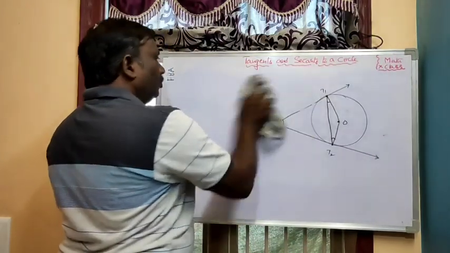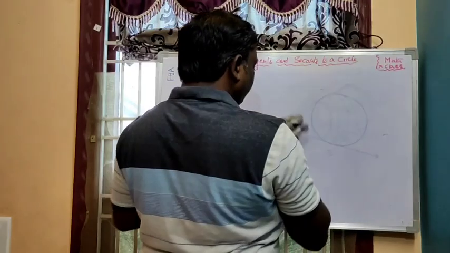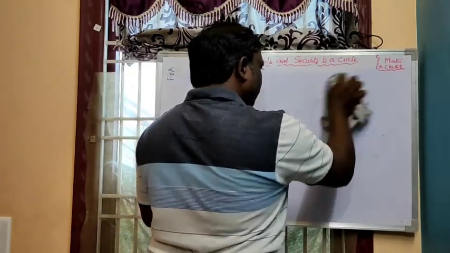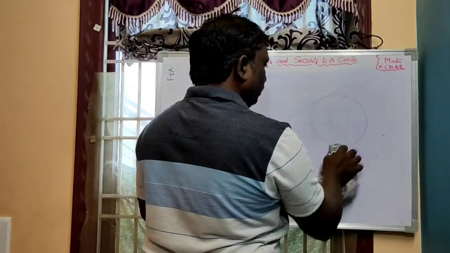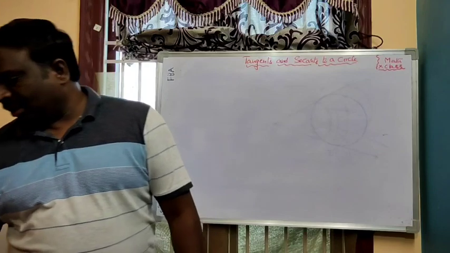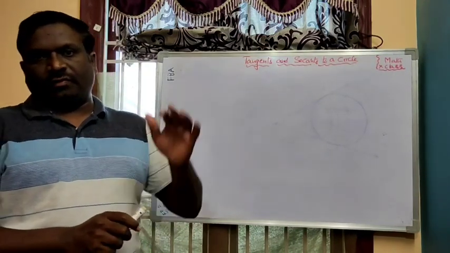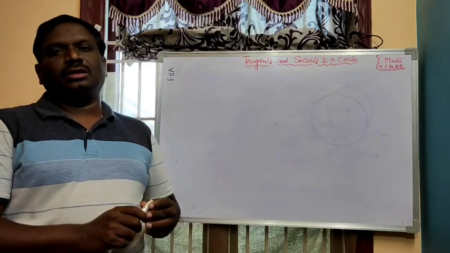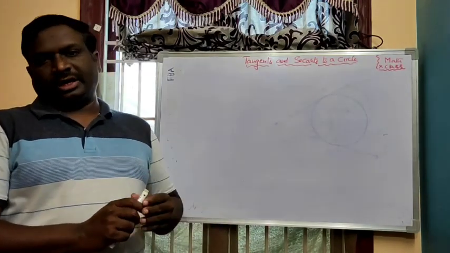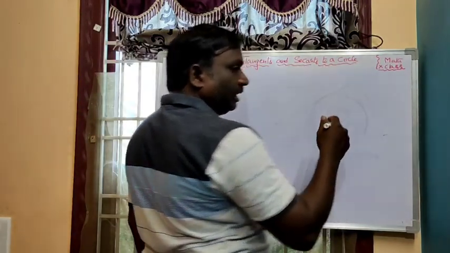So now, if you go to the fourth statement, what is it saying? If a circle touches all the four sides of a quadrilateral, that means the circle is touching them.